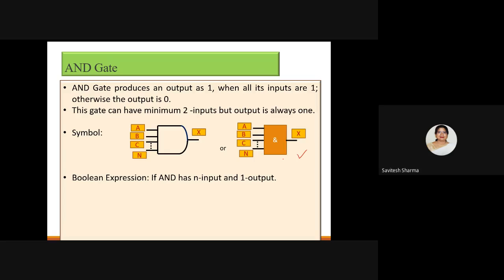Now see the Boolean expression for the AND gate. How do you express it in Boolean algebra?